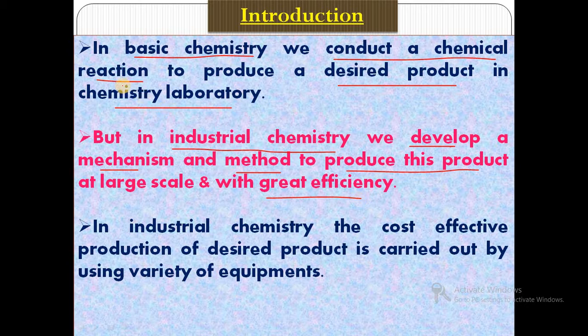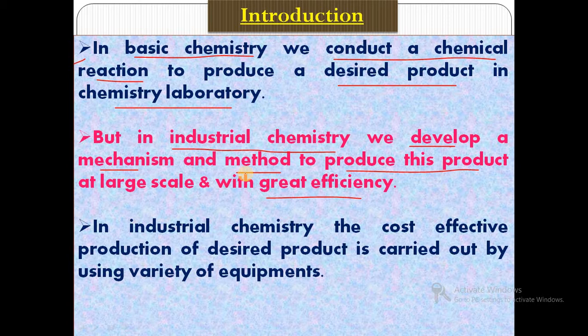Suppose in preparation of paracetamol, we can prepare near about 200 mg or 500 mg. That is a very small quantity, but on an industrial scale we can produce paracetamol in near about 100 tons or 1000 tons.